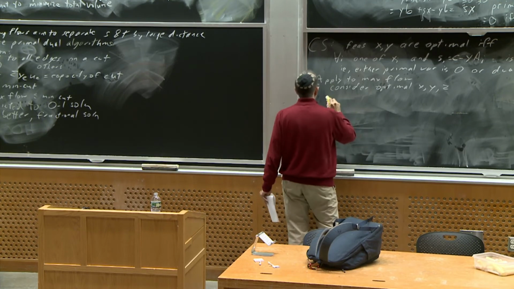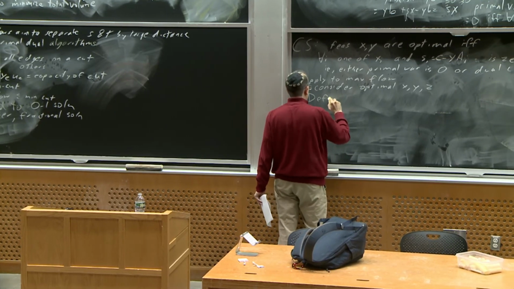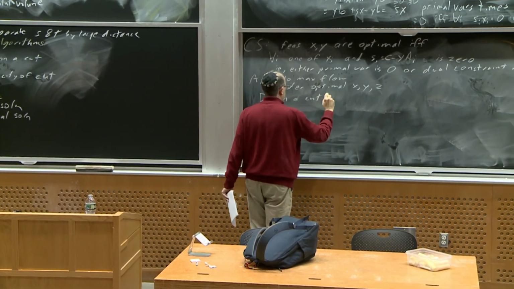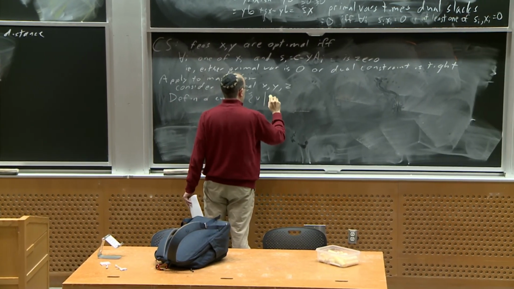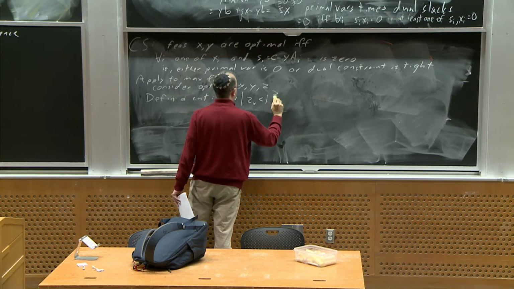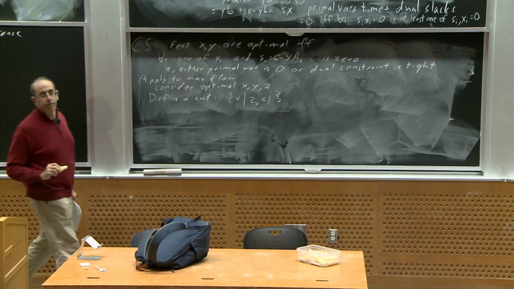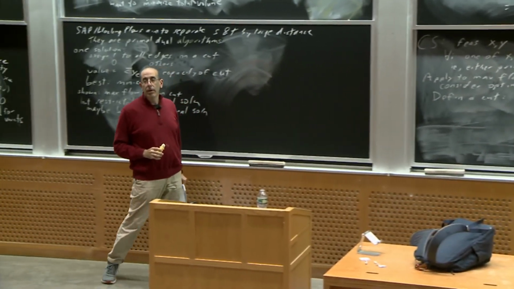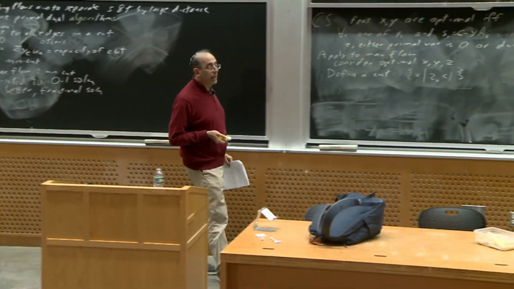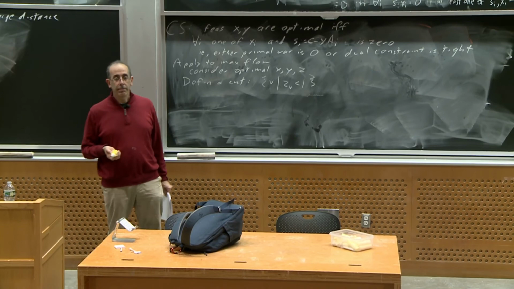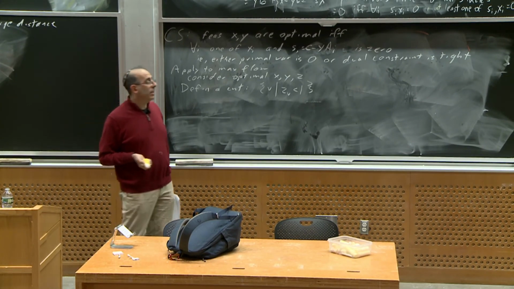Now I'm going to define a cut. It's going to be the set of vertices V whose distance is strictly less than 1. It's a set of vertices, so it's a cut. I claim it's actually an ST cut. Why is it an ST cut?